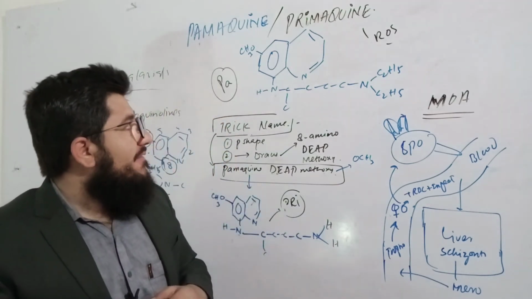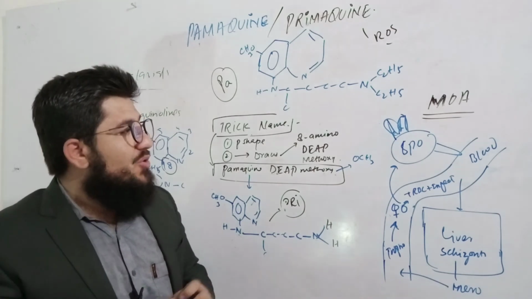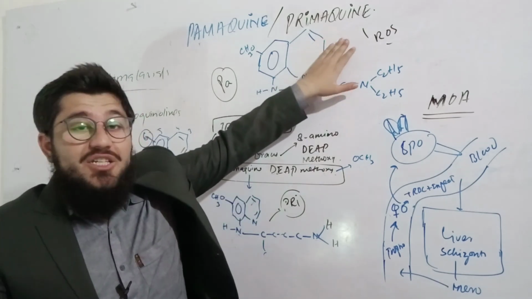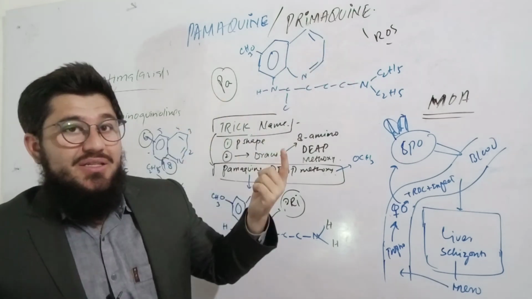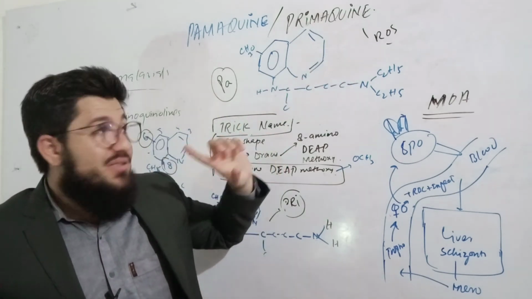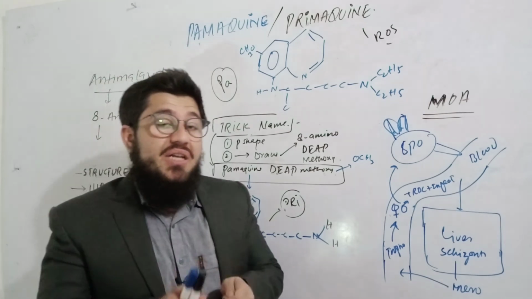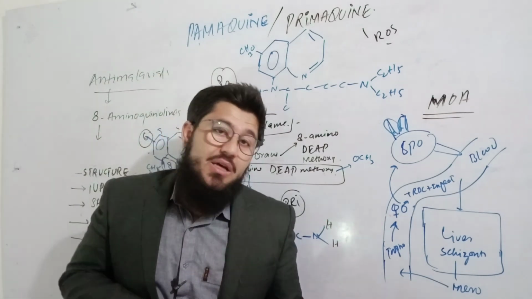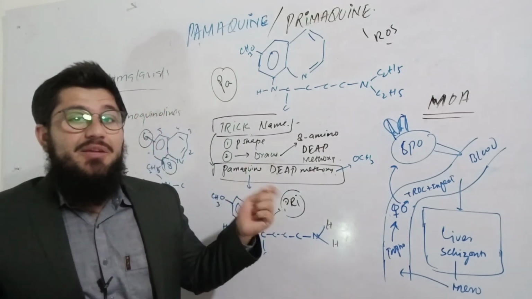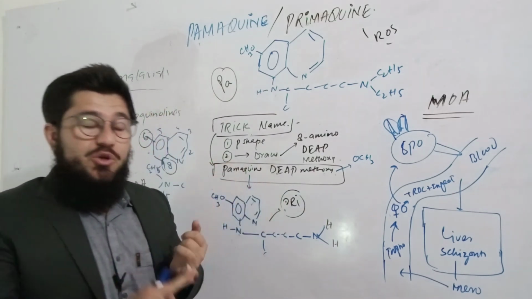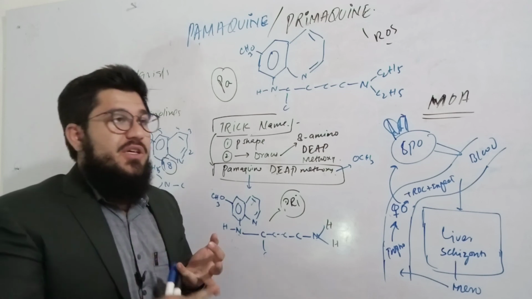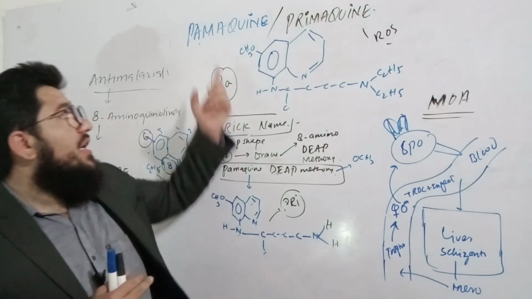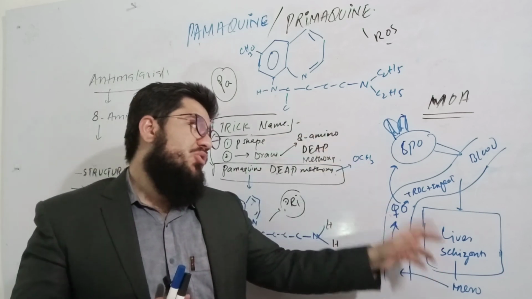Then we have the primaquine. Primaquine has a little bit different mechanism of action. They are acting on the DNA of the parasite. And according to some texts, it is producing reactive oxygen species, which are again responsible for damaging the parasite. So in short, these parasites are damaged by means of reactive oxygen species and by interacting with the DNA of the parasite, and pamaquine is interacting with the schizonts and gametes.